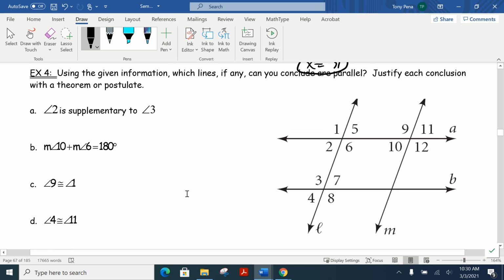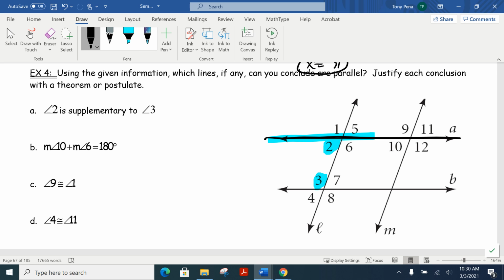All right, number 4. These will be quicker, where we can just hammer some of these out real quick here in the next 5 minutes. It says, using given information, which lines, if any, can you conclude are parallel? So if we look at these, find angle 2 and angle 3. Angle 2 and angle 3 are created by line A, line B, and then what our transversal would be is this line.